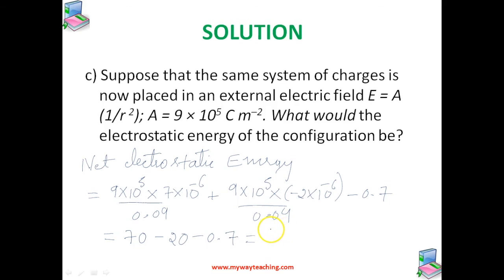So the net electrostatic energy is 49.3 joules. So this is the electrostatic energy of the configuration. Okay.